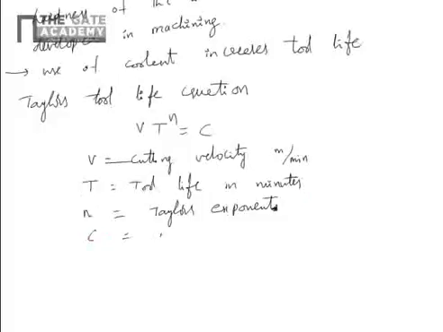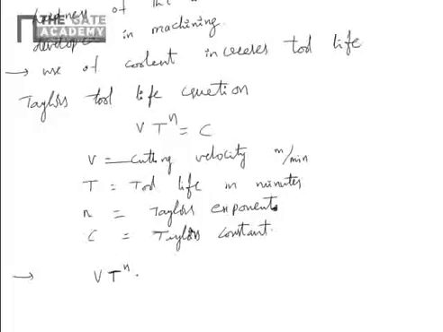C is Taylor's constant. As velocity increases, tool life decreases, but it is not directly or inversely proportional. The exponent's value depends upon the type or material of the tool. Tool life also depends on the feed and depth of cut, but it mainly depends on the velocity of the cutting tool.